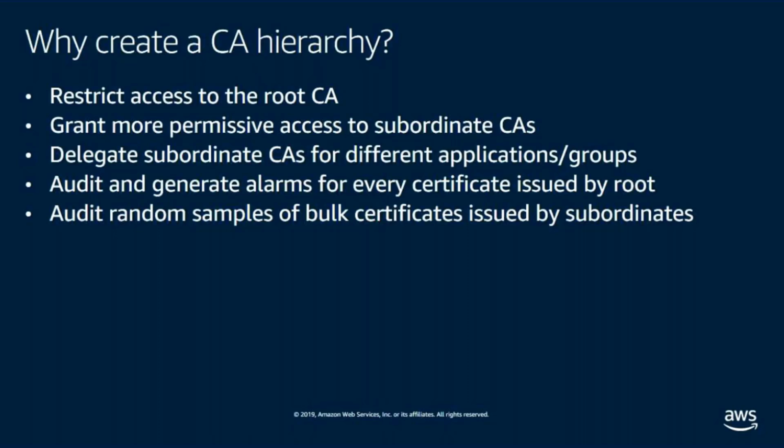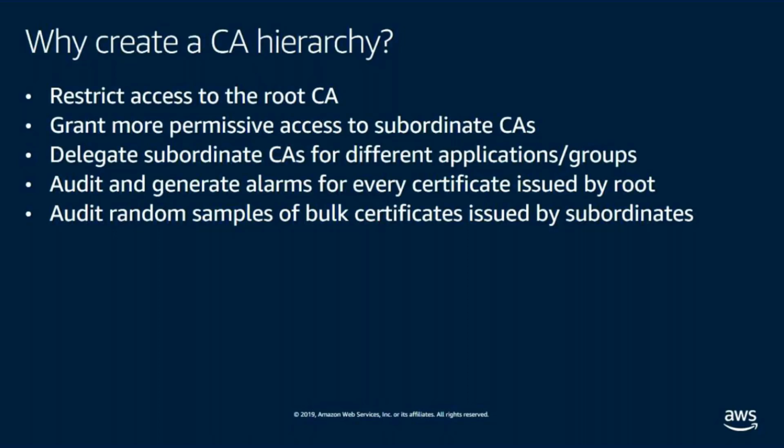So when there's an event, an issuance by the root, that's a significant event that we want to know about, and that should only happen under very controlled circumstances. And so having alarms and auditing very carefully for the root CA makes a lot of sense.